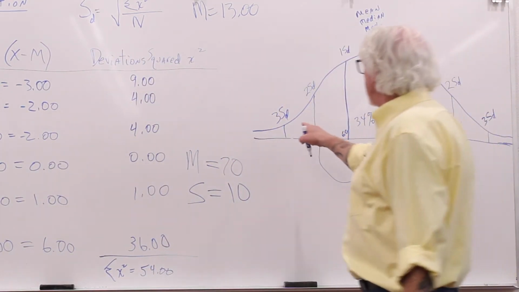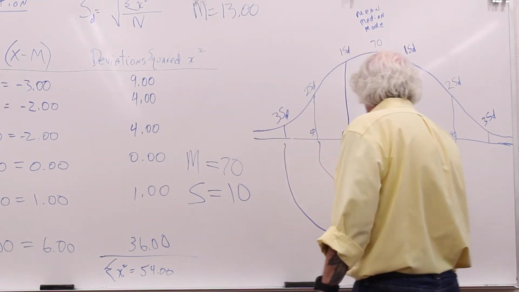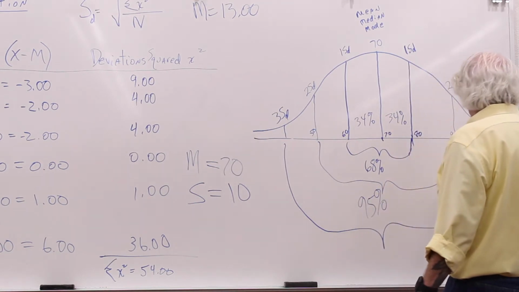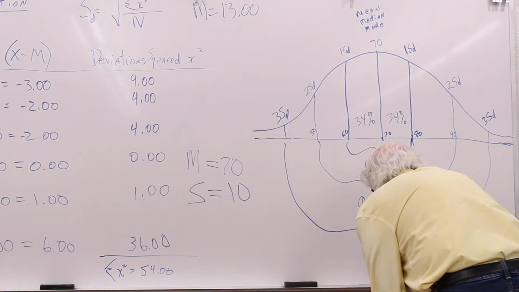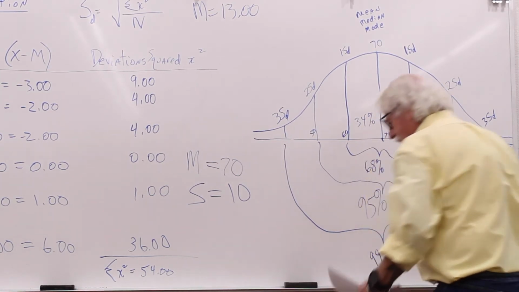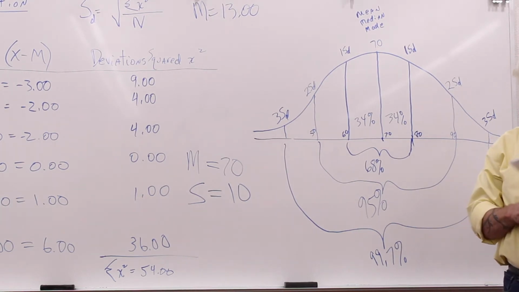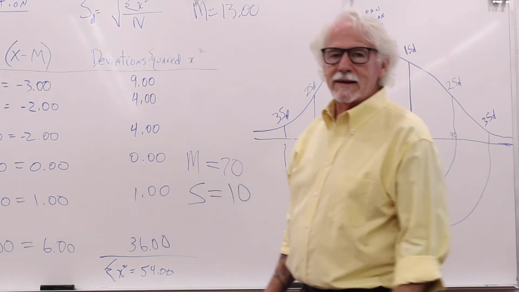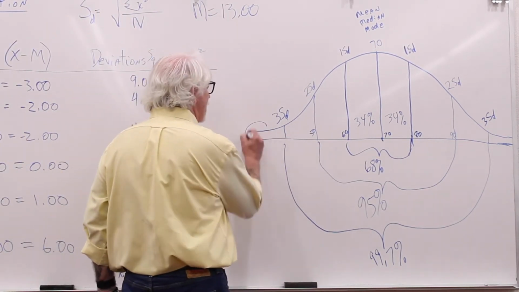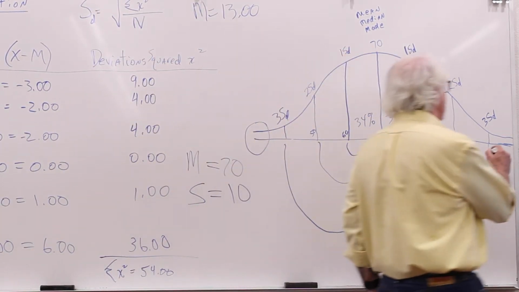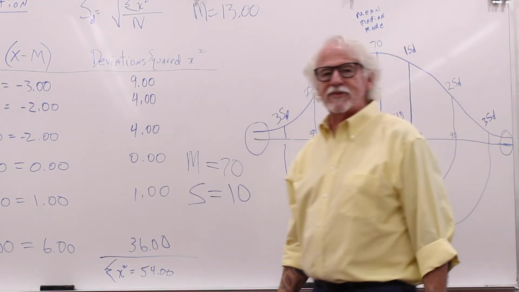So, 3 standard deviations from the mean, and the next rule is 99.7% of the people score within 3 standard deviations of the mean. So, what is it? We labeled these people out here before, the outliers, that other 0.3% of the people.